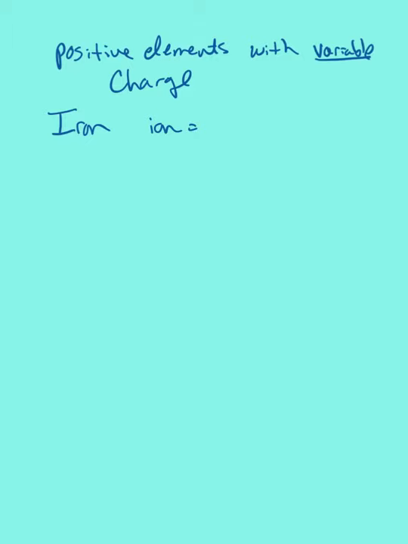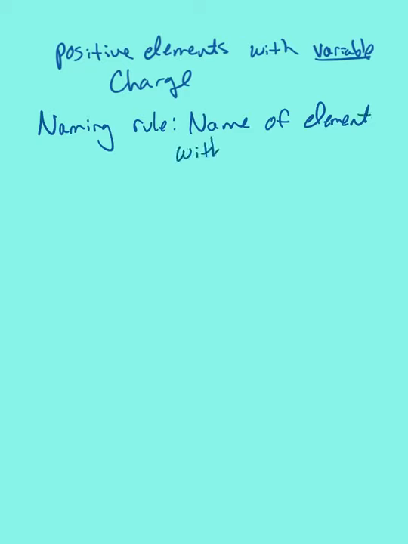So what this means is that we have a different naming rule. So the naming rule is the name of the element, like before, with charge in parentheses as a Roman numeral.